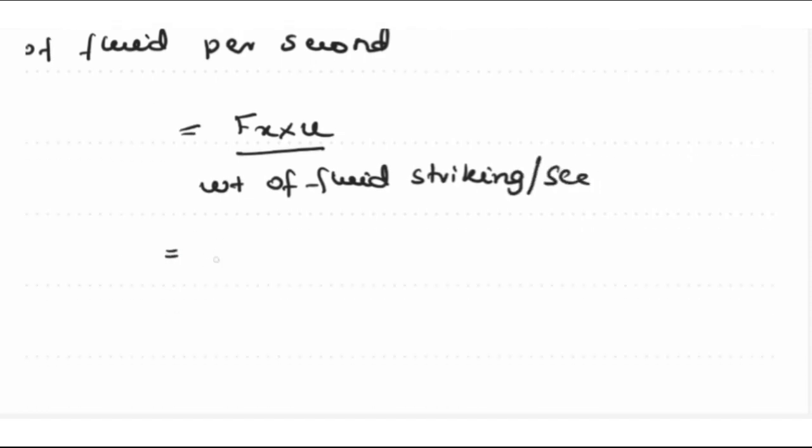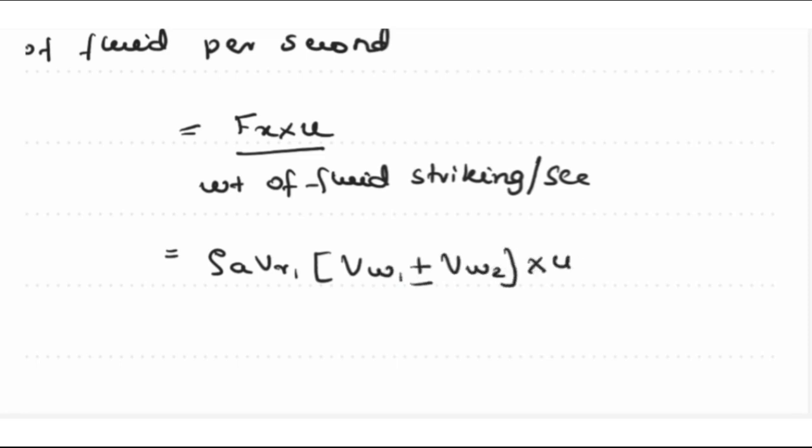So Fx is nothing but rho into A into Vr1 into Vw1 plus or minus Vw2 into U, divided by weight of fluid striking per second, which is nothing but rho into A into Vr1. For the weight, you should multiply by the g.